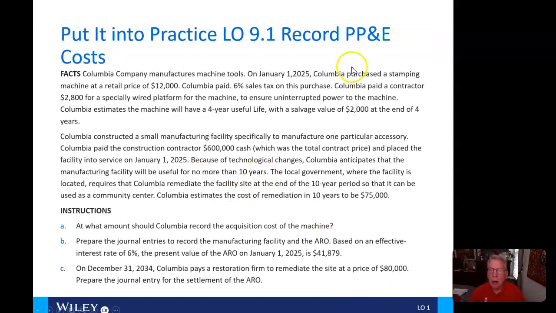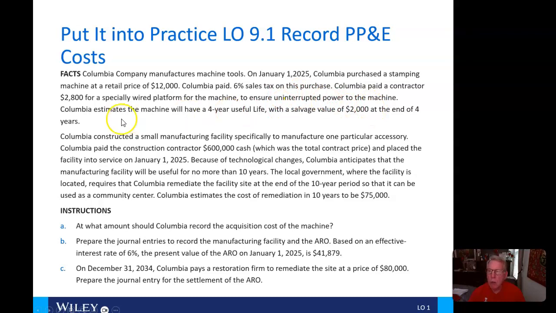Okay, here we'll look at recording PP&E costs. The Columbia Company manufactures machine tools. On January 1, 2025, Columbia purchased a stamping machine at a retail price of $12,000. Columbia paid a 6% sales tax on this purchase.